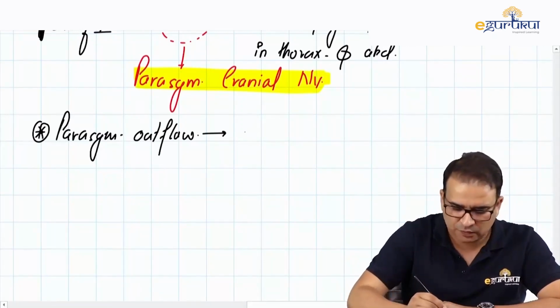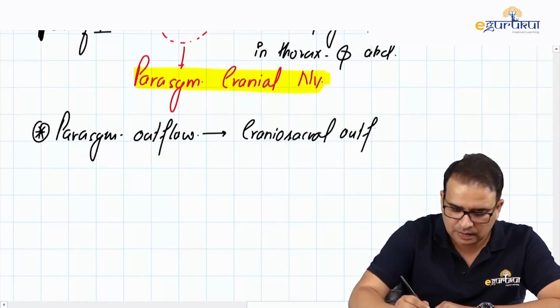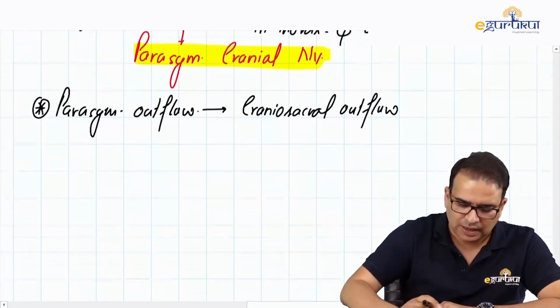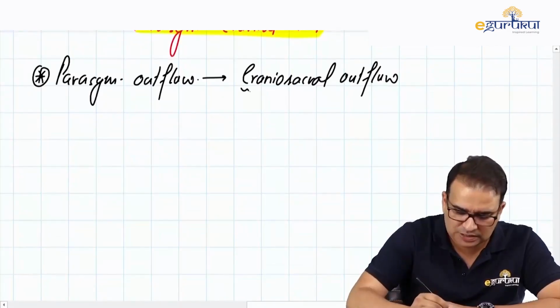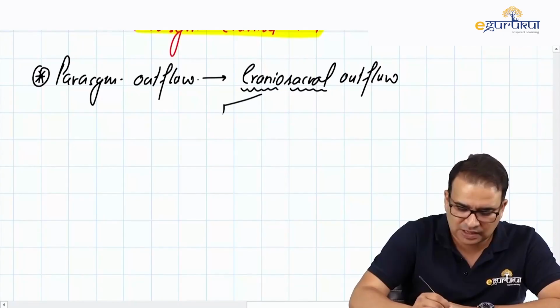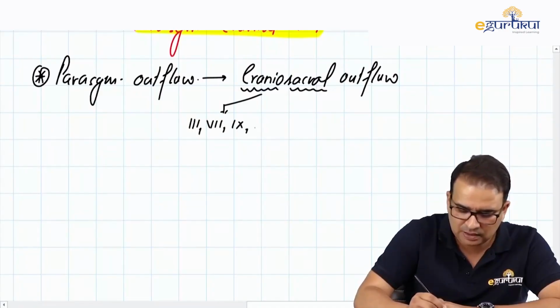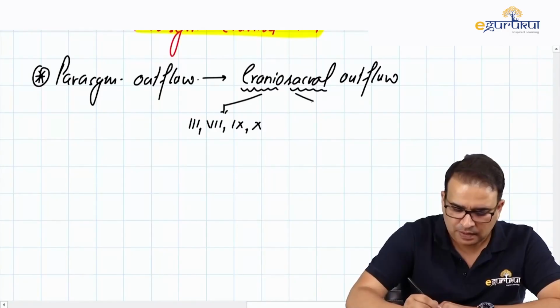So parasympathetic outflow is also called the craniosacral outflow. And guys, in the craniosacral outflow, I can already see the 2 things there. One is cranio and one is sacral. Now, cranio is obviously corresponding to cranial nerve. And what cranial nerves? We just said 3, 7, 9, 10. And sacral.